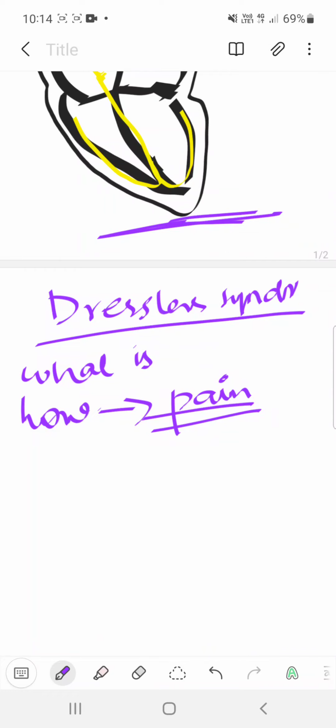The doctor can do inspection, palpation, percussion and auscultation. On auscultation, they can get a pericardial rub.